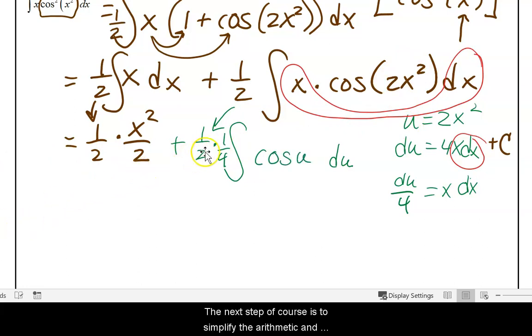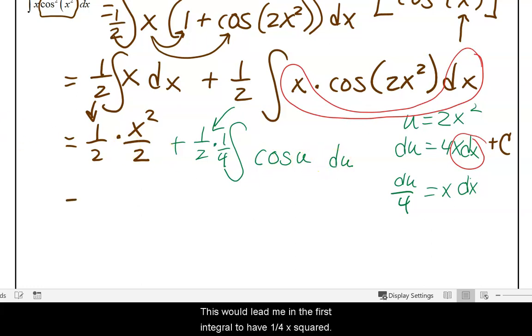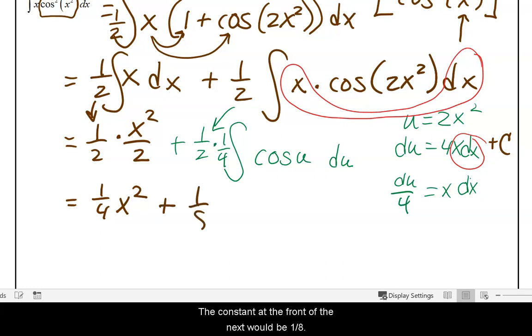The next step, of course, is to simplify the arithmetic and evaluate the indefinite integral of cosine of u du. This would lead me in the first integral to have 1/4 x squared. The constant at the front of the next would be 1/8. The indefinite integral of cosine of u is sine of u.